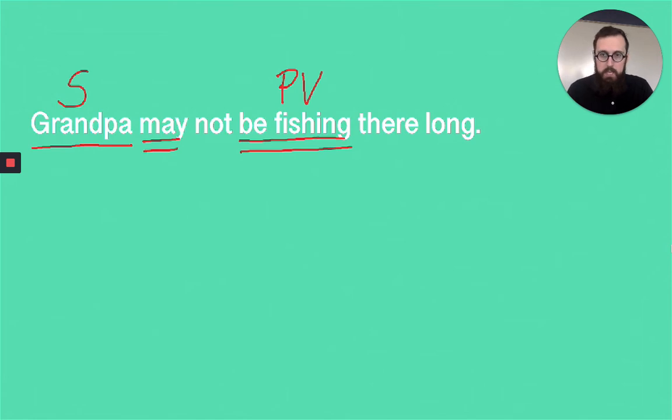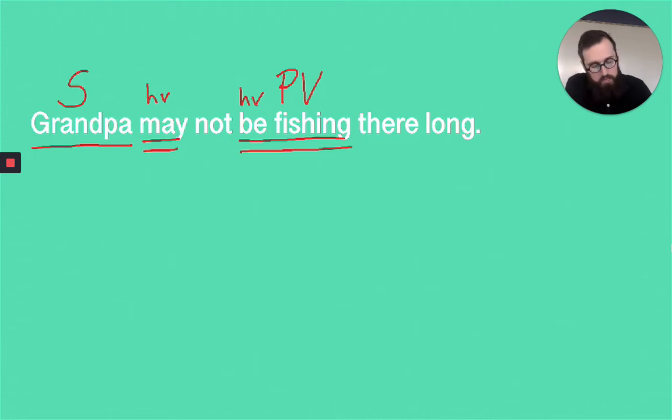May and be, I know from my list of 23 that those are helping verbs, so I'm going to label them as helping verbs. Notice that it got split up. That can happen. That's okay, because the word not is an adverb. Okay, so these are my principal elements of my sentence. I have my predicate and my subject.